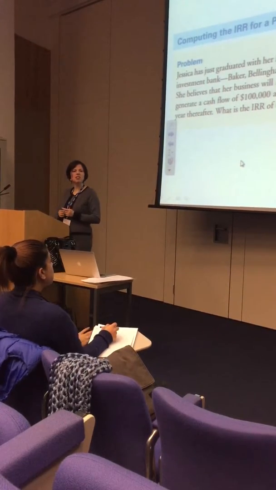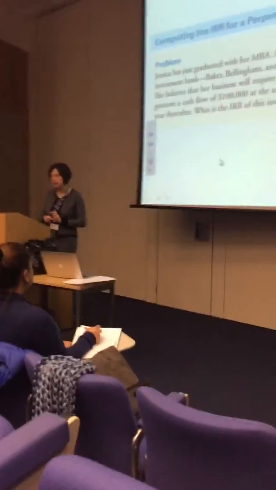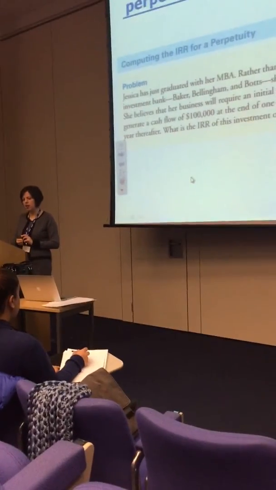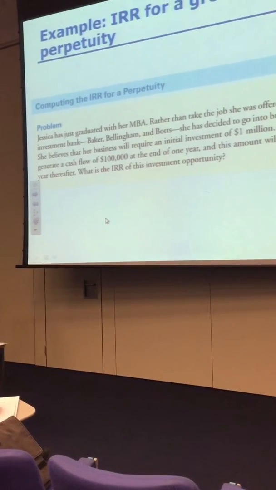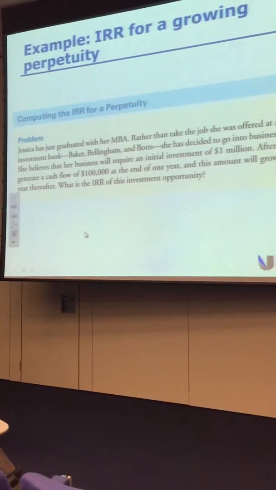Again, we have looked at this example before. As I've said, I'm not really introducing new material today, but let's just have another look to see why we would want to apply the IRR and how.